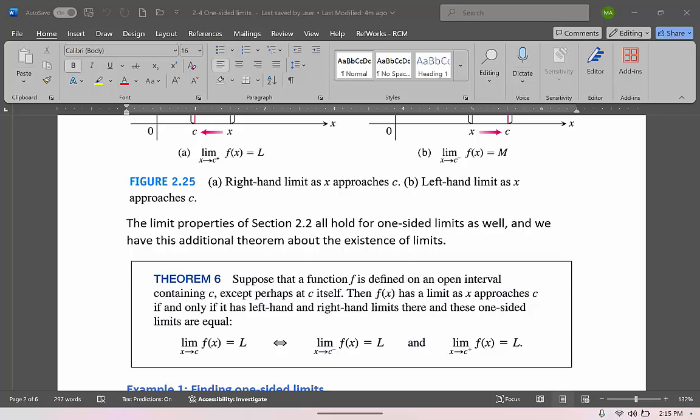In other words, the limit as x approaches c of f of x equals L if and only if the limit as x approaches c from the left of f of x is L, and the limit as x approaches c from the right of f of x is equal to L.